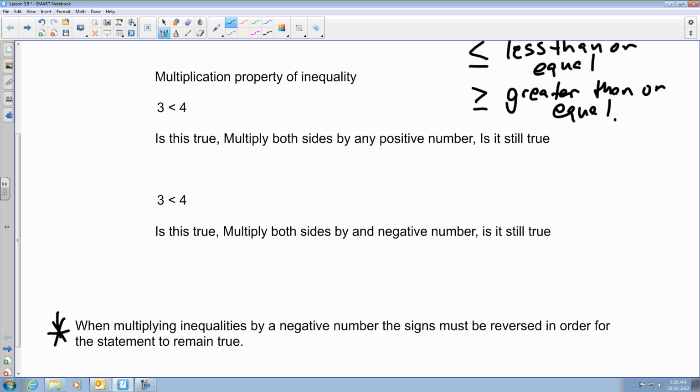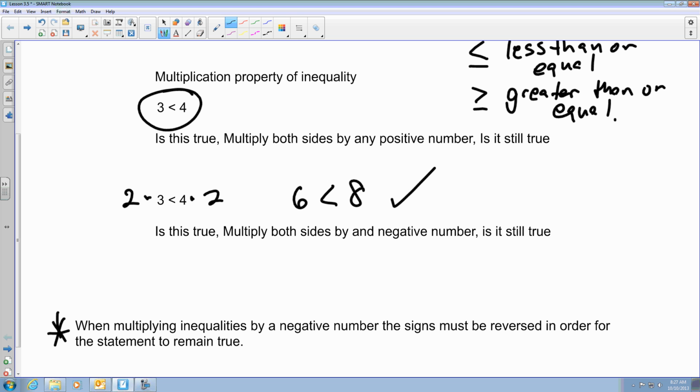So if you look at the first inequality that I have up here, I have 3 is less than 4. I know that this is a true statement. Okay? And if I were to multiply both sides by the same positive number, I would still get a true statement. So say I were to multiply both sides by 2. It would give me 6 is less than 8. It's still a true statement.